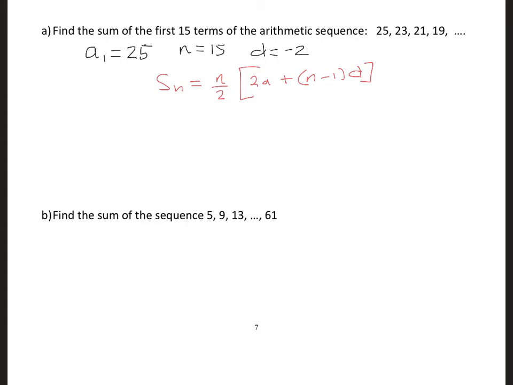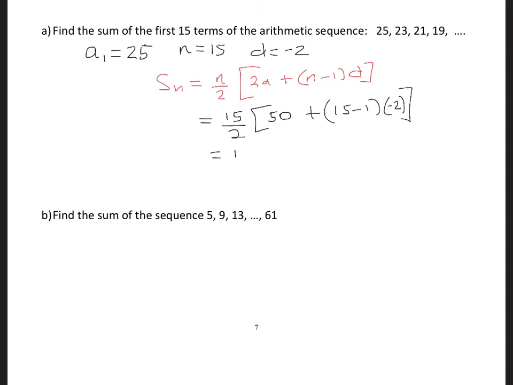So I just need to plug in what I know. This is going to be 15 over 2. 2 times a is going to be 50, plus n minus 1, so 15 minus 1, and then I'm going to multiply that by minus 2.